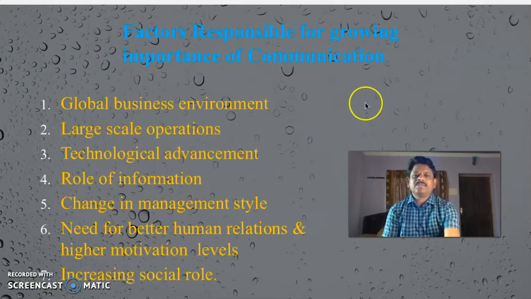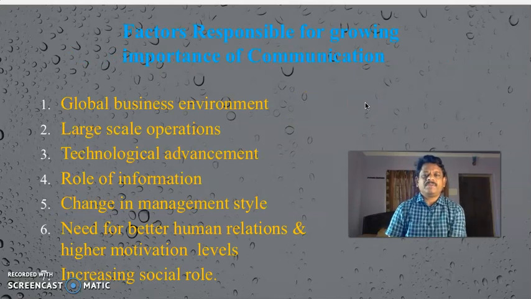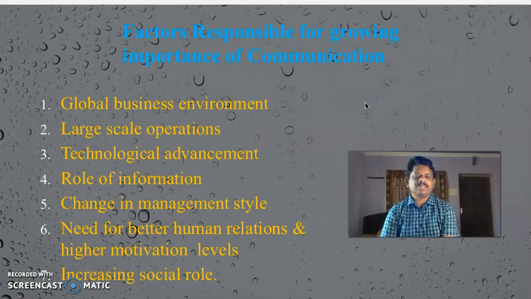As for the important factors responsible for the growing importance of communication in the recent past, as I was mentioning earlier, communication has become a need. It is an essential component for every graduate who is looking for a career in the corporate line, or even if you want to start your own organization with self-employment.